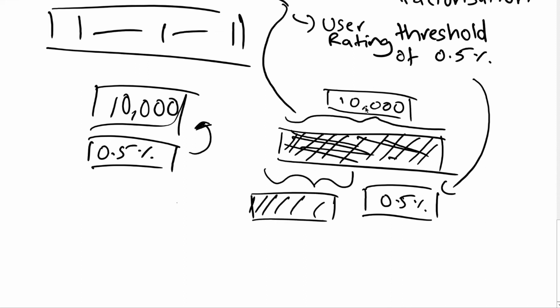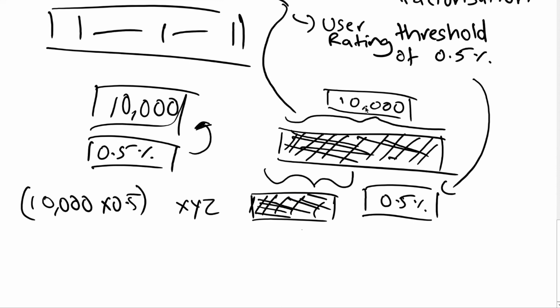You would have an xyz number, and this xyz number is nothing but 0.5% of 10,000. You would have a sample, and then this sample you would take for pre-processing and for modeling.